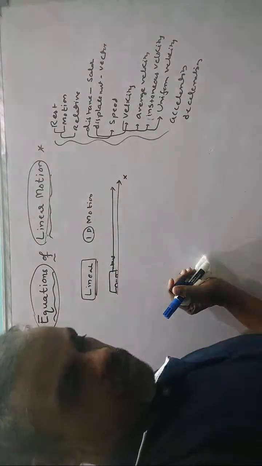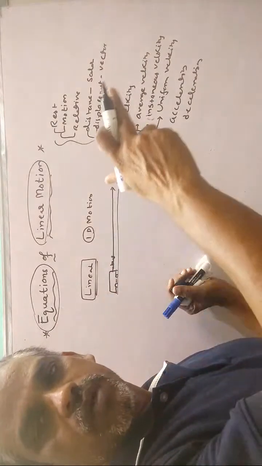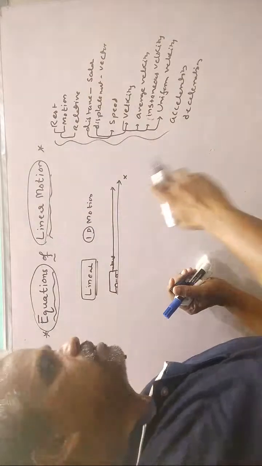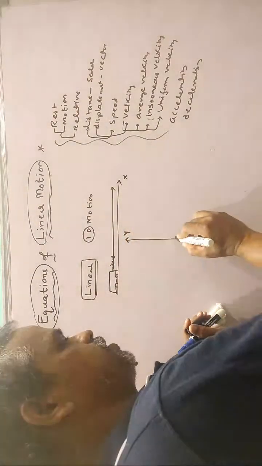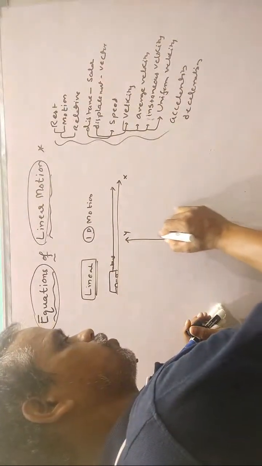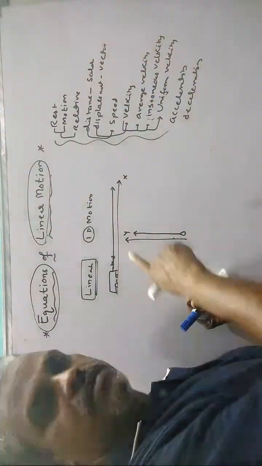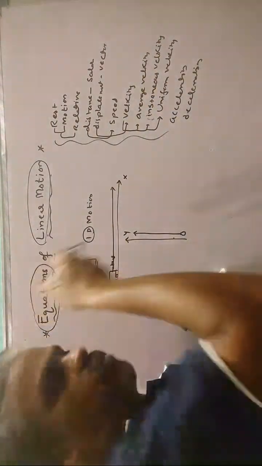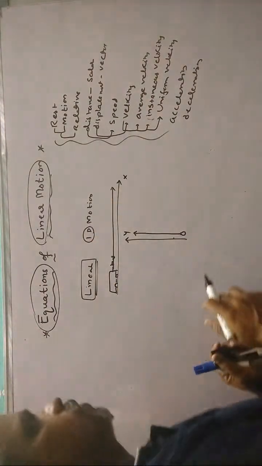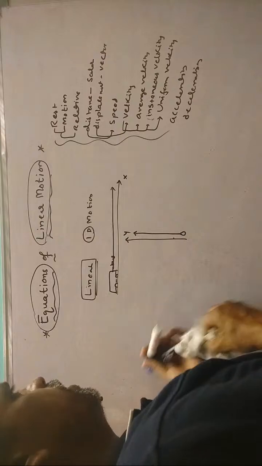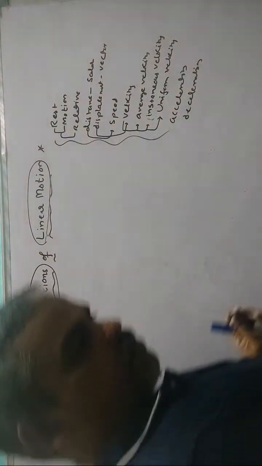If any body is moving in one particular direction, along the x-axis, or going upward along the y-axis, only a single direction, then we can apply linear equations for linear motion.